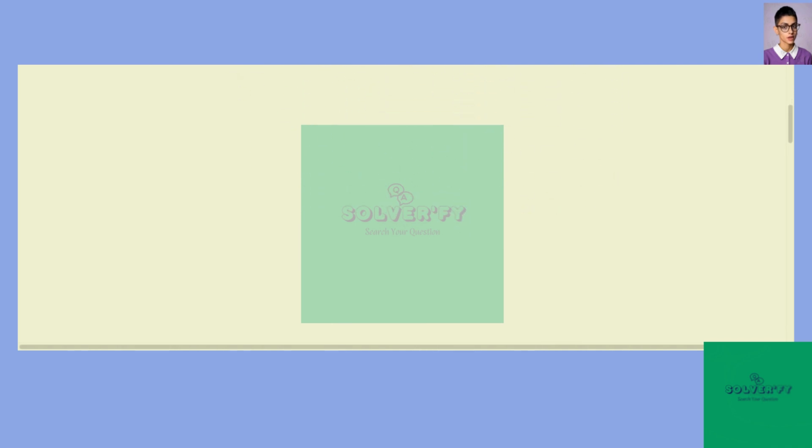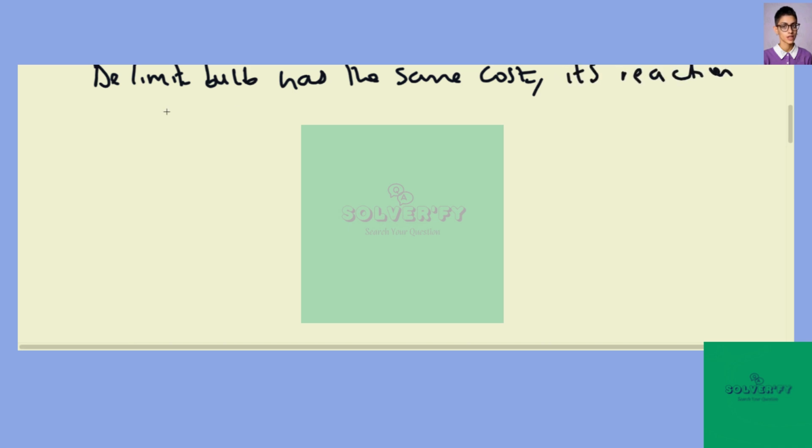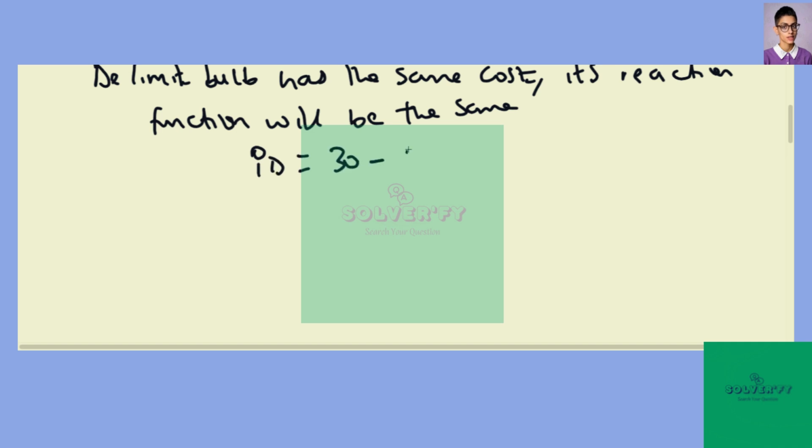So since Dimlit, firm 2, has the same cost, its reaction function will be the same. So QD will be equal to (30 minus QE) divided by 3, and then this is equation 2.